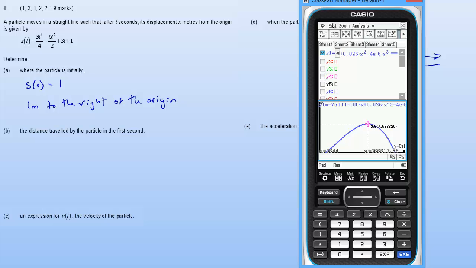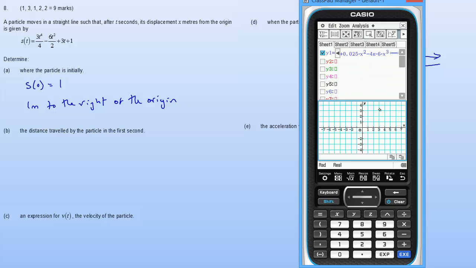So let's just clear anything we've got, and we've gone back to a standard window, which is probably good. It didn't seem to clear the function. Never mind, let's just get rid of it.